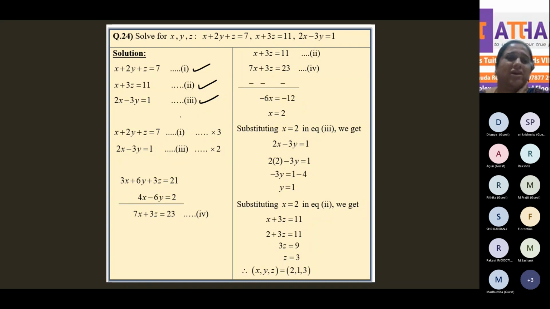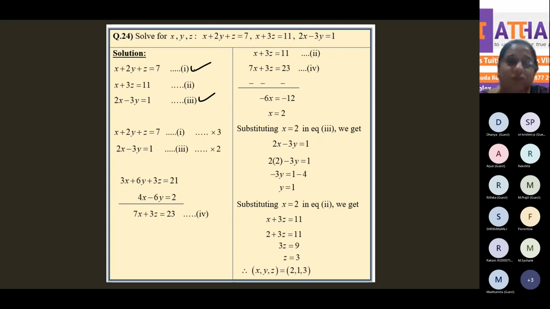Okay, such equations can be solved in more than one method. I'm explaining what I have worked here. I'll tell you the idea behind this working. I've taken equation 1 and 3. Using this idea, you can get a different idea also.